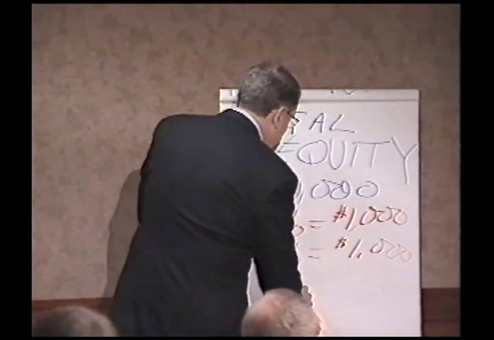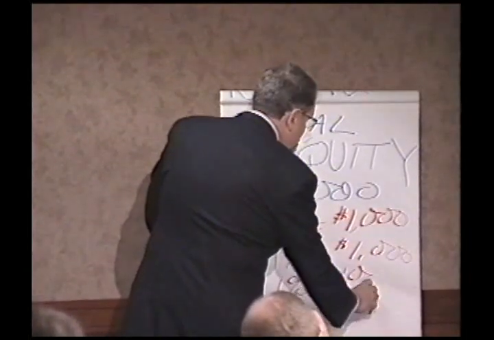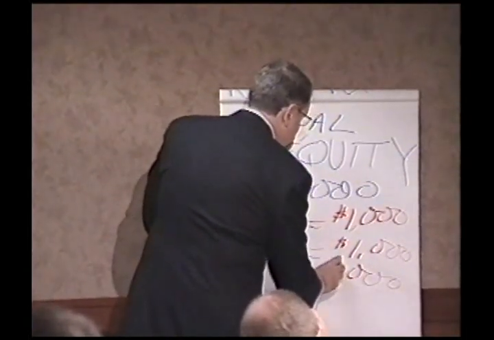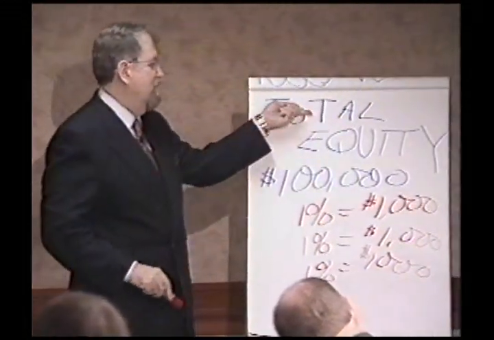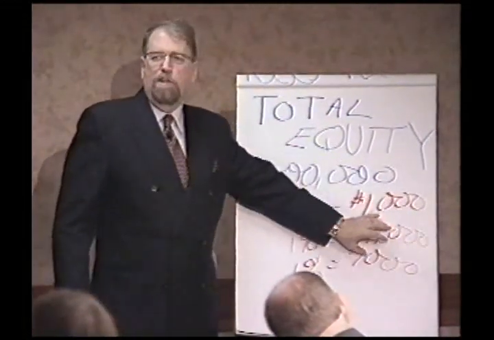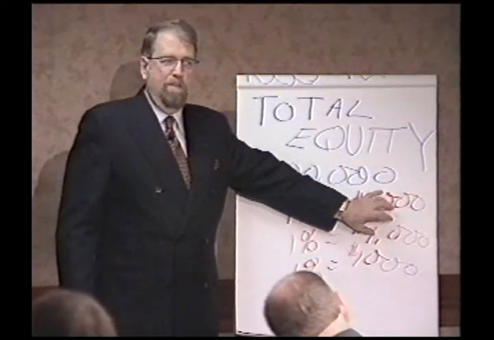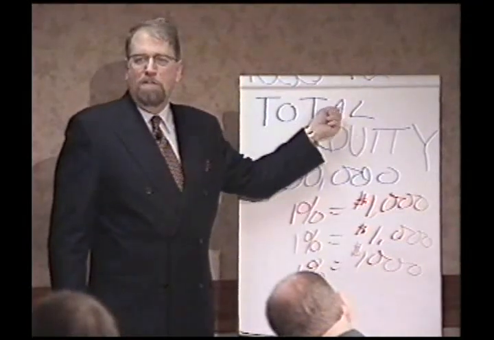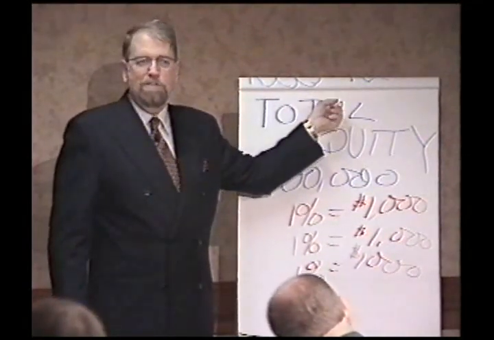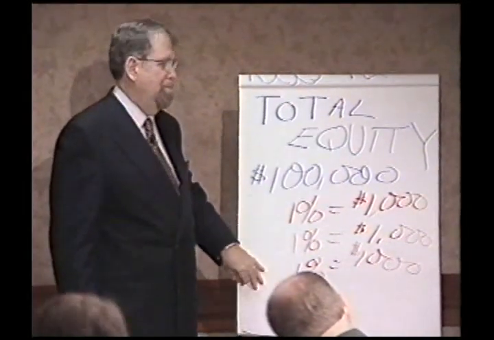And another position at 1%, that's another $1,000. Basically, when you're using a total equity model, taking money into these positions doesn't affect the total equity, or is not taken into consideration.